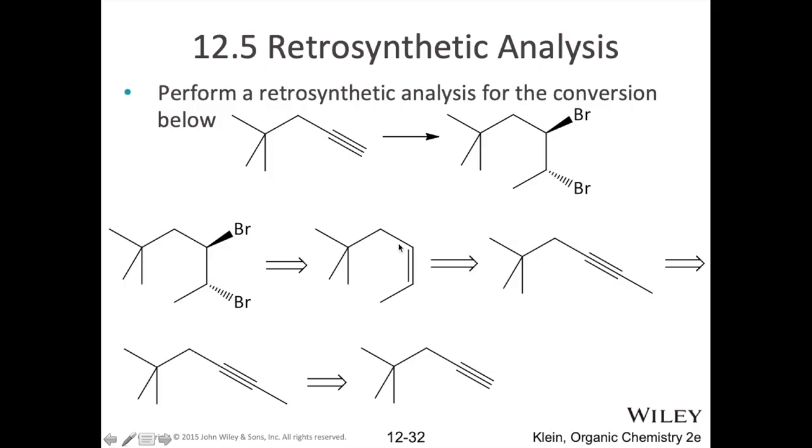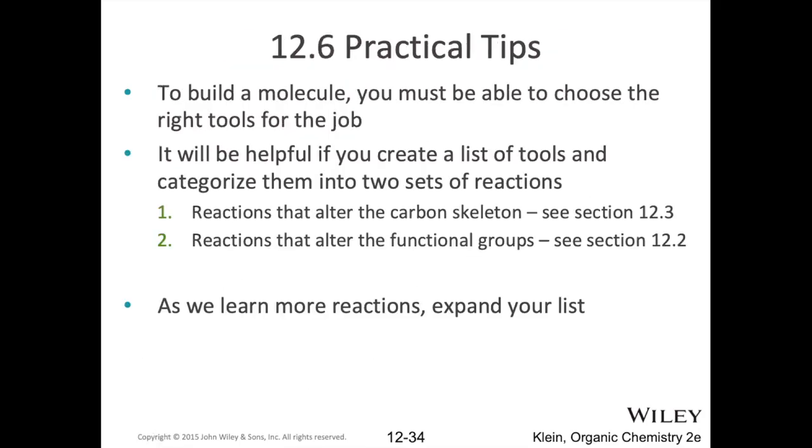Well, we know that we can do that with a poisoned catalyst, like Lindlar's catalyst, because that would add the hydrogens on the same side. It'll be a syn addition of hydrogen. And then of course we just do a bromine addition. We're just adding bromine in the dark, in a solvent of carbon tetrachloride, and that's that.